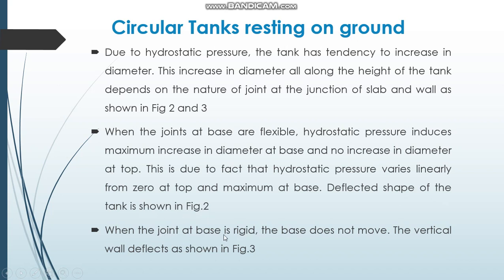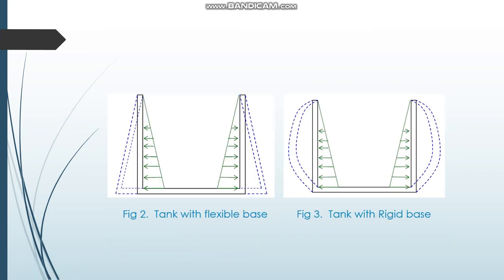When the joint at base is rigid, the base does not move. The vertical wall deflects as shown in figure 3. So this is the figure. Here this is a tank with flexible base. So here hydrostatic pressure is 0 at the top and increasing towards the base.